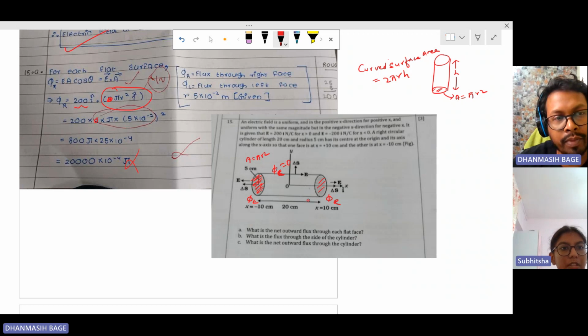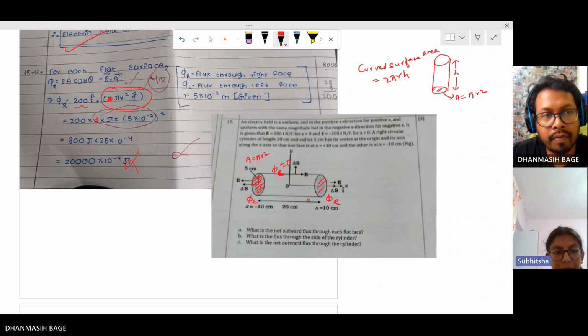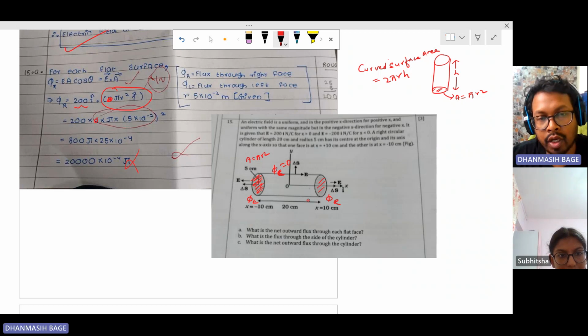I took flux right as positive, flux left as negative. No. Outward flux is always taken as positive. Inward flux will be taken as negative.